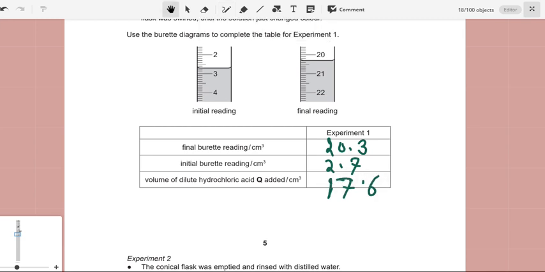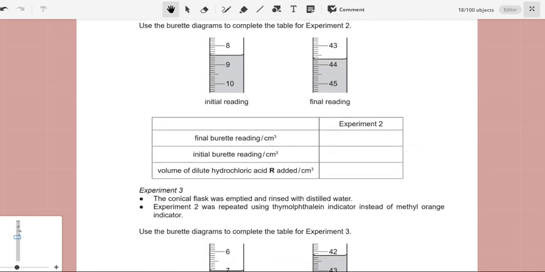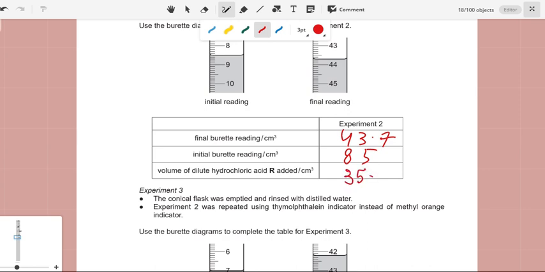Next, the final burette reading is 43.7 and the initial one is 8.5, and the difference is 35.2.